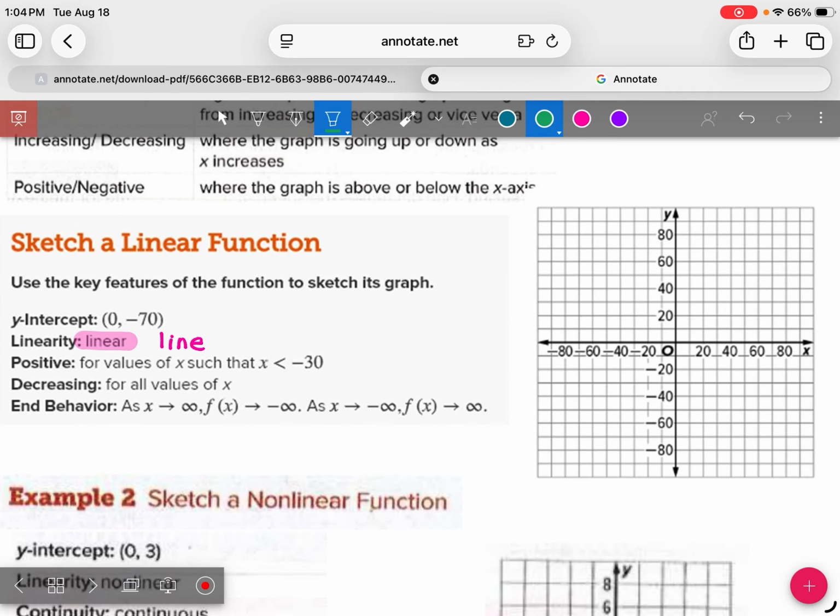We also know we have a y-intercept at -70, where we're going to cross our y-axis at -70. So I can put a point right here.